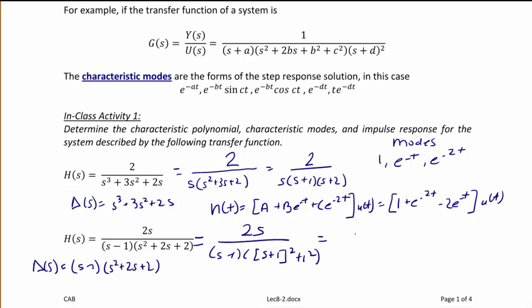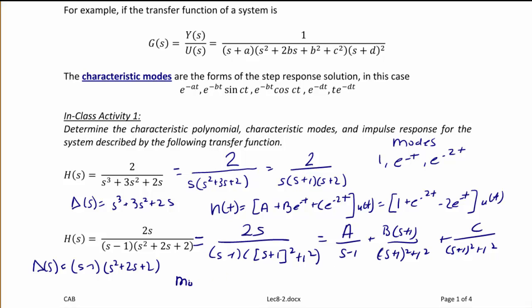So using partial fraction expansion, this could be written as a over (s minus 1) plus b times (s plus 1) over ((s plus 1) squared plus 1 squared) plus c over ((s plus 1) squared plus 1 squared).